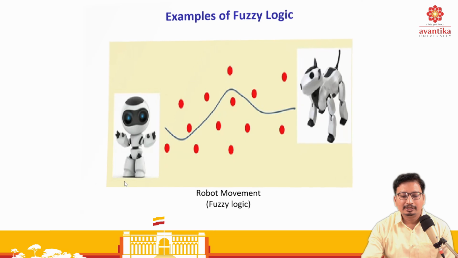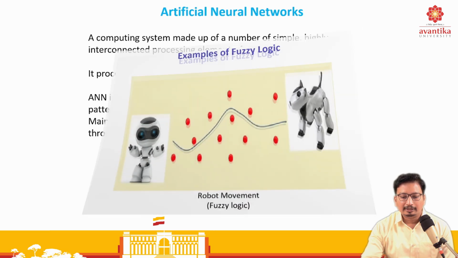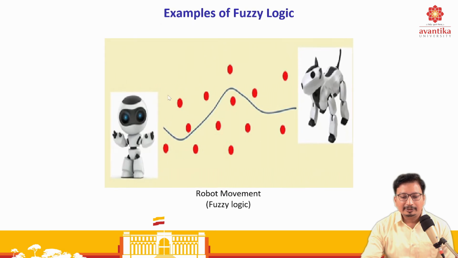Suppose this is the source and this is the destination, and in between there are so many red colored dots, which are the hurdles. So there is no straight path which this robot can use to reach the destination. He has to select a path which is shortest and easily feasible for him.